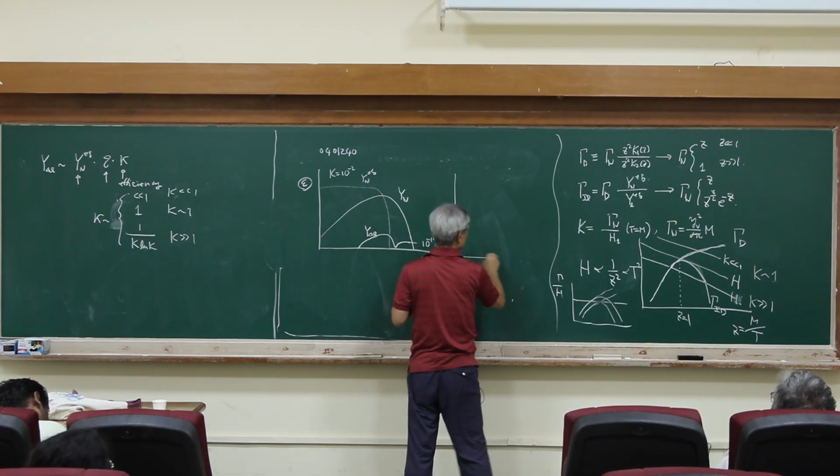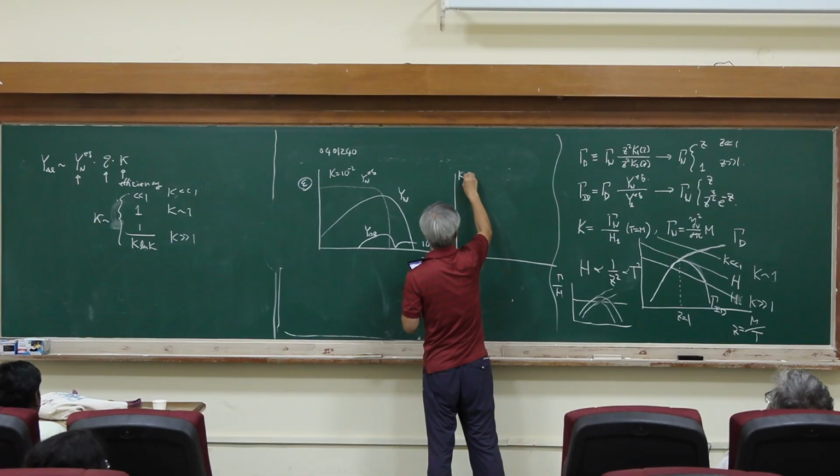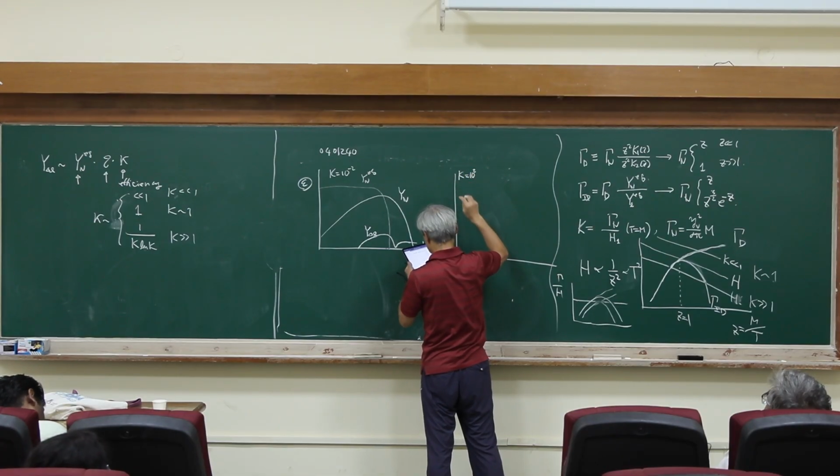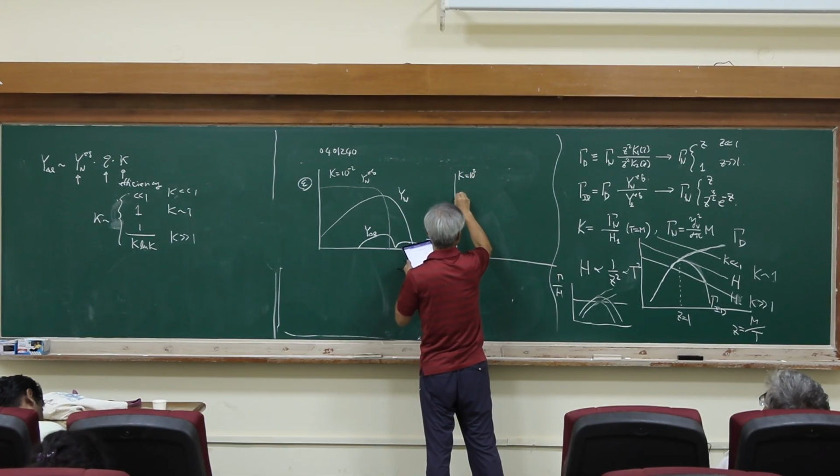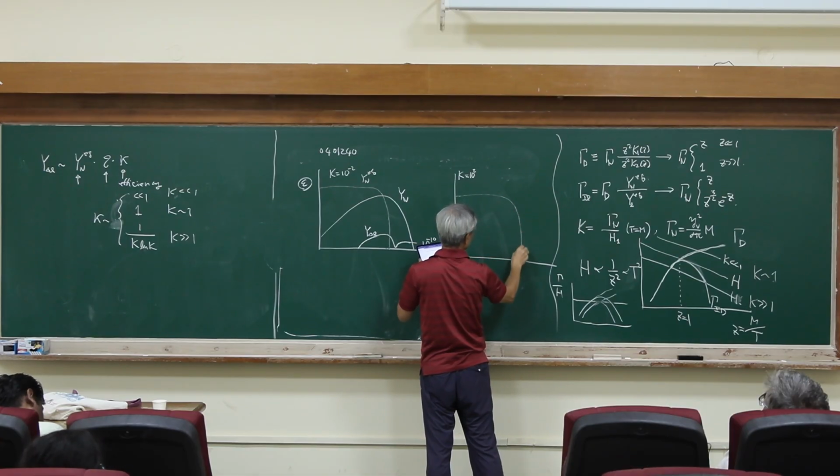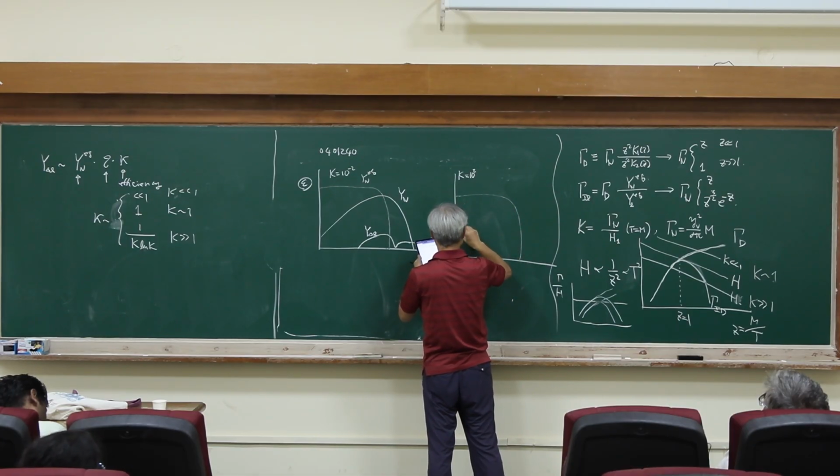And for K of 100, this is the equilibrium distribution.